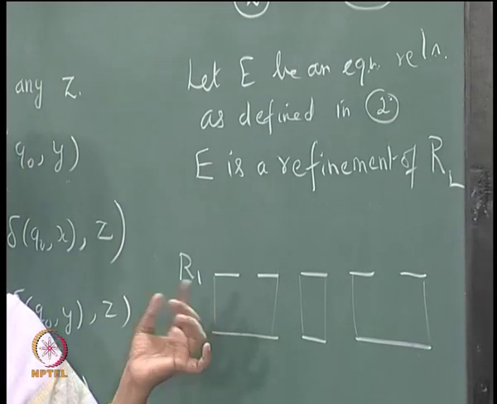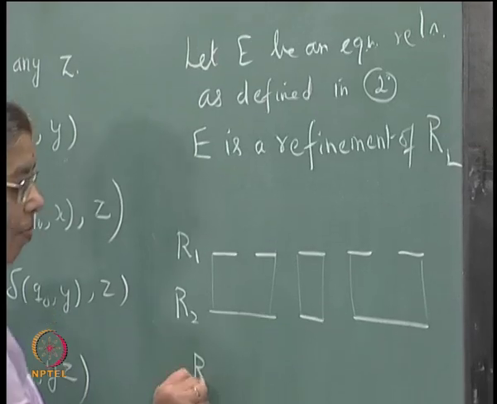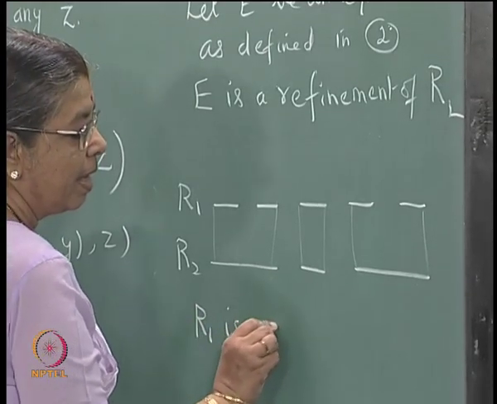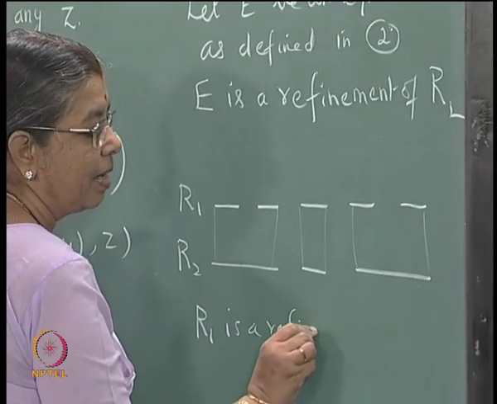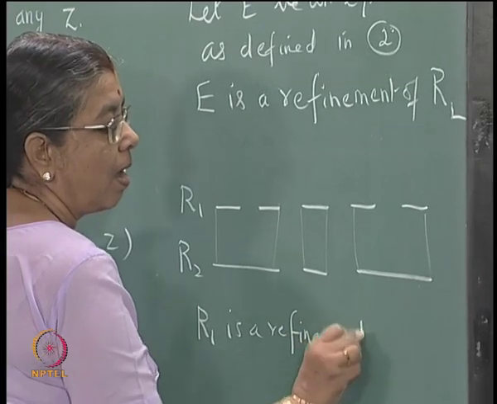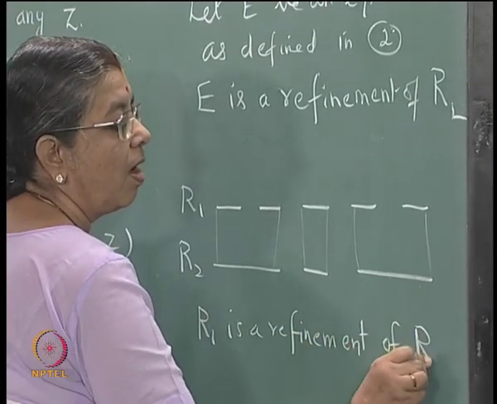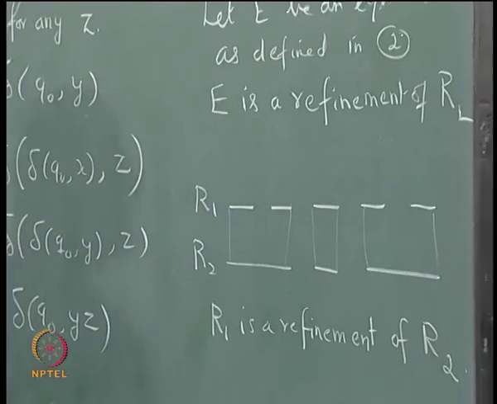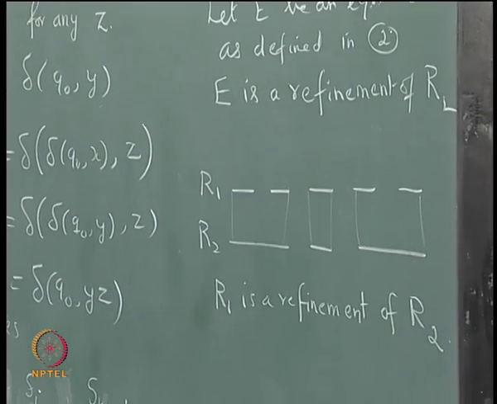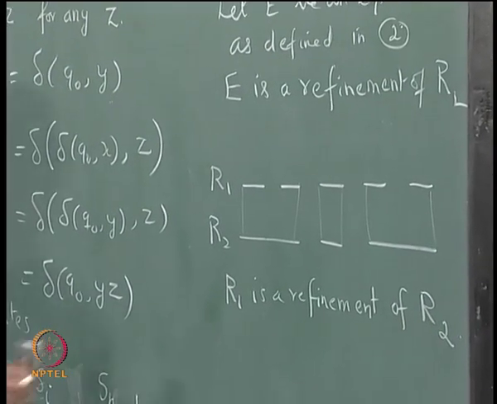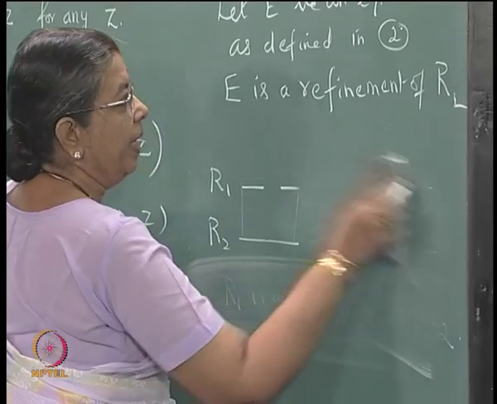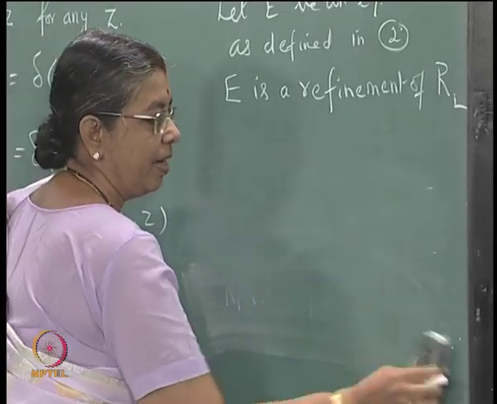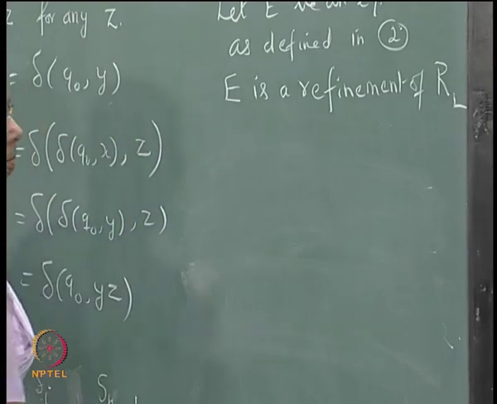Then here we say that R1 is a refinement of R2. Now, what we want to show is that E is a refinement of RL.